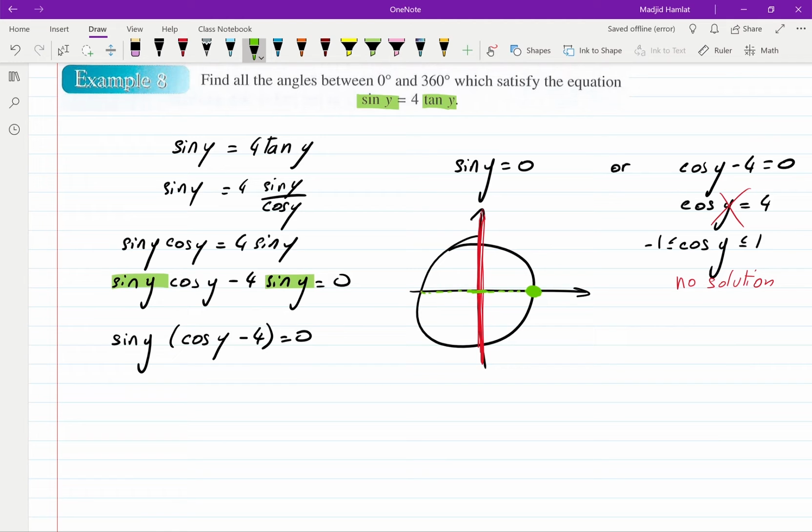Here we have angles at 0 degrees and 180 degrees. As always, if you have 0 degrees, also remember to write 360, as 0 degrees and 360 degrees are basically the same thing. So this is the solution to this exercise. The three angles we're looking for are 0, 180 and 360.